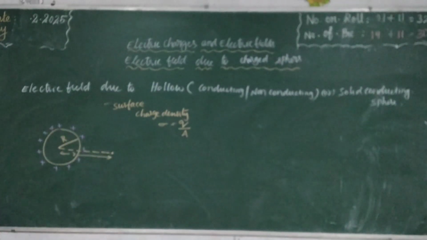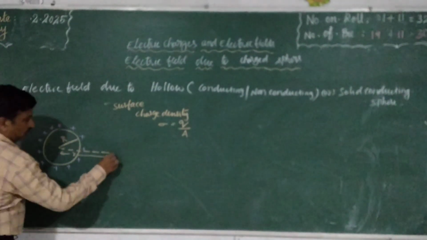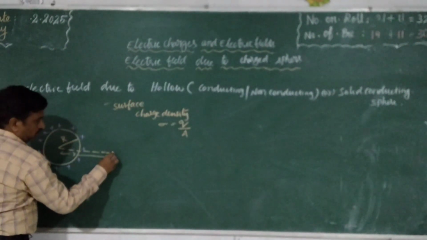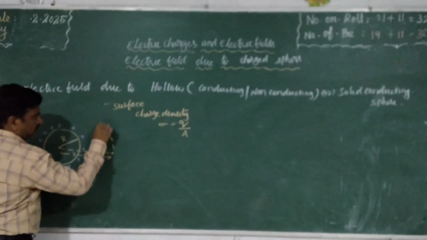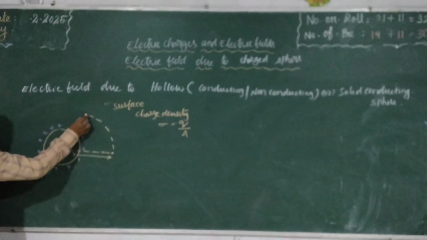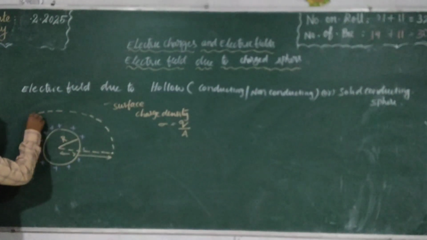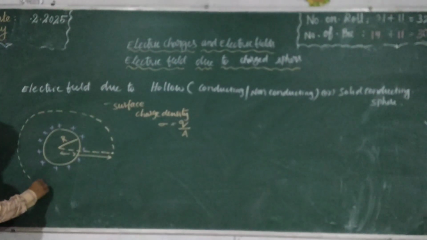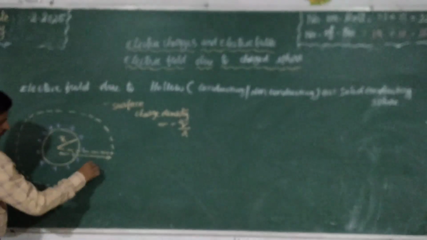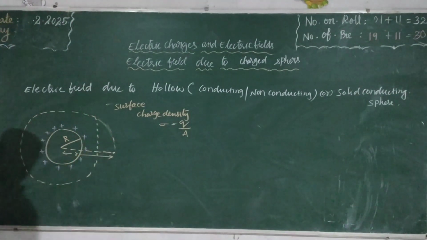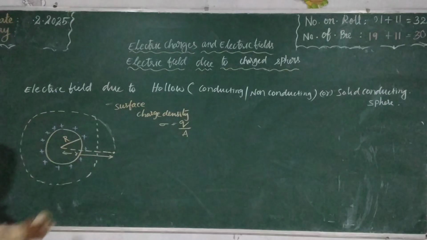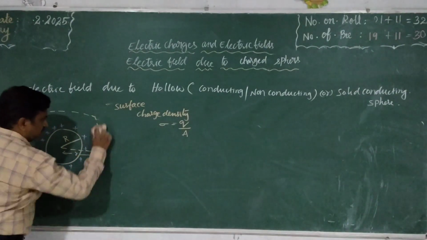See this point, what is the electric field? Here we can first draw the Gaussian surface. See, this is the Gaussian surface.